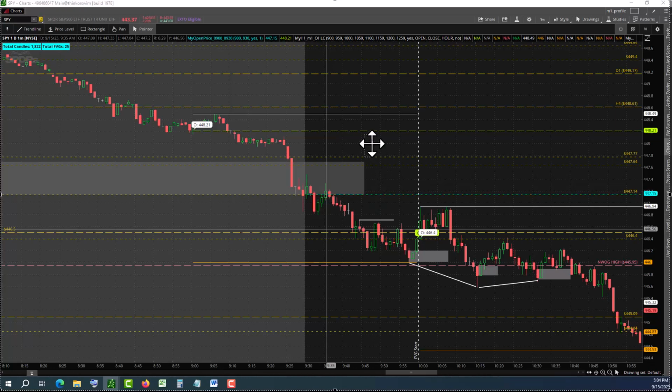Don't hesitate. That's the lesson we learned. Basically, we have an order block, fair value gap, retest, and also the bearish breaker at the same time. Fair value gap, retest. So we have two sets of this confluence right there.